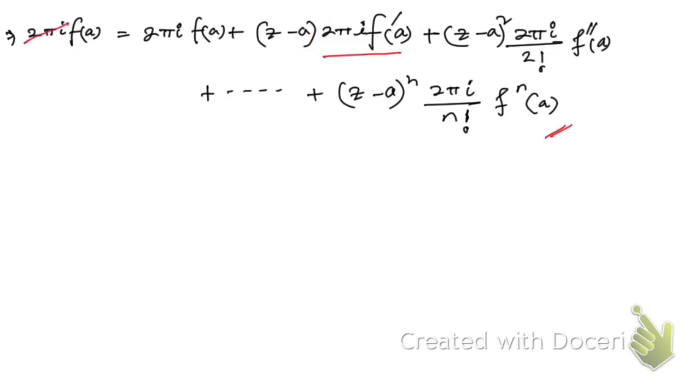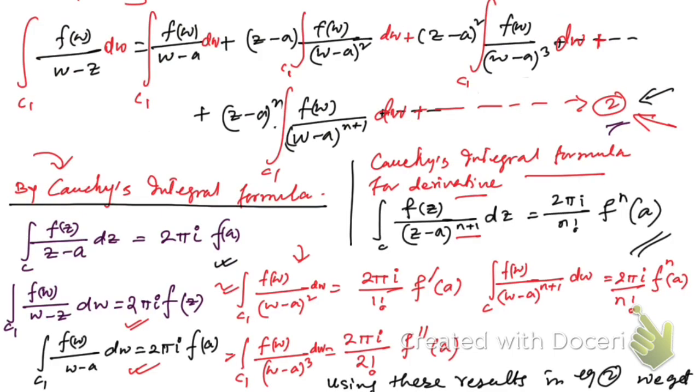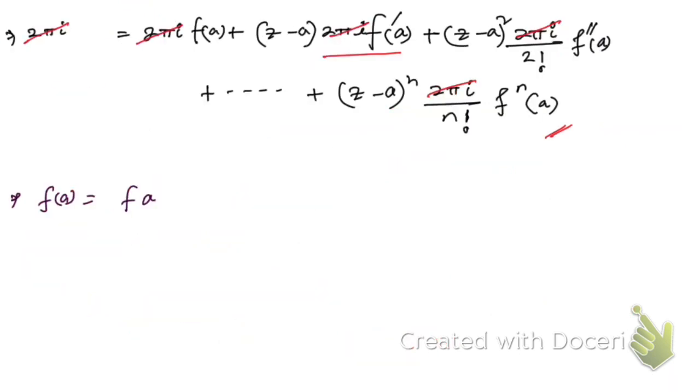So here 2 pi I, 2 pi I, 2 pi I, 2 pi I, 2 pi I cancels, right? And then what we're going to have here, we're going to get f of a is equal to, it's supposed to be f of z, I think, right? Here you see, here we have w minus z, so here f of z, so this is supposed to be f of z, right?